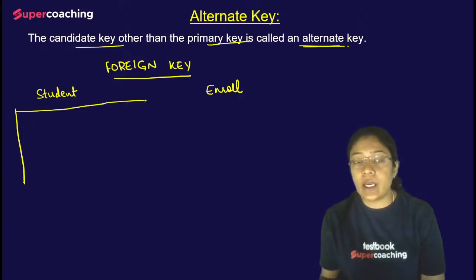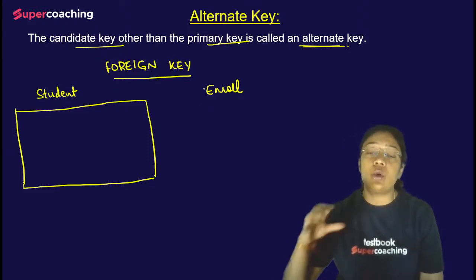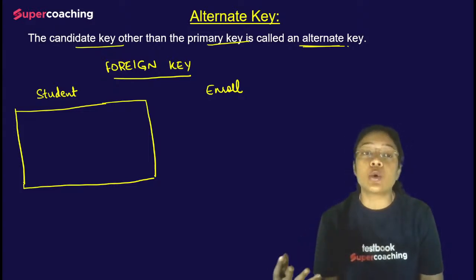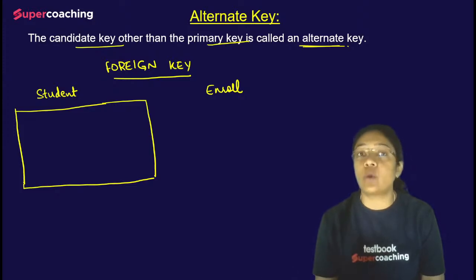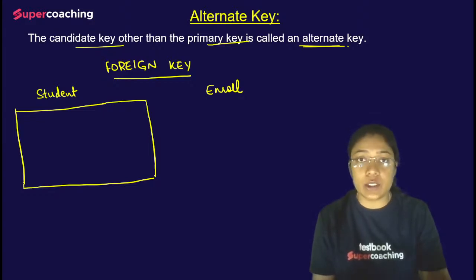Basically, the student table is holding the information of all the students, right? And the enroll table is going to hold the information about the students who are already enrolled in some course. For example, when you joined the test book, initially none of you must have taken a subscription. So you must be following the free sessions like YouTube or master classes like that.